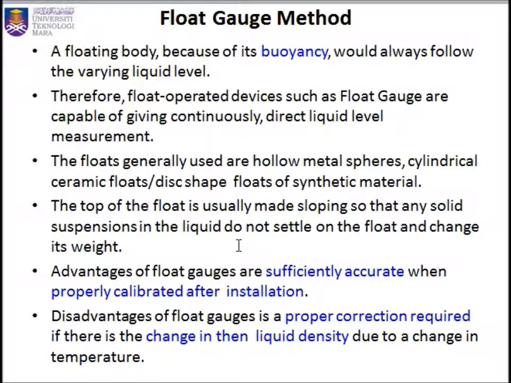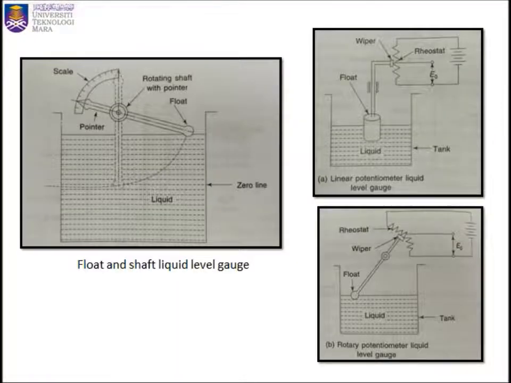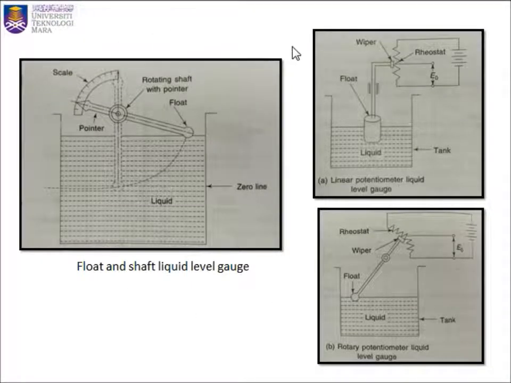And then the advantages of float gauge are that it is sufficiently accurate when properly calibrated after installation. The disadvantage of float gauge is that a proper correction is required if there is any change in the liquid density due to a change in temperature. Okay. So they are examples of liquid level measurement using float.